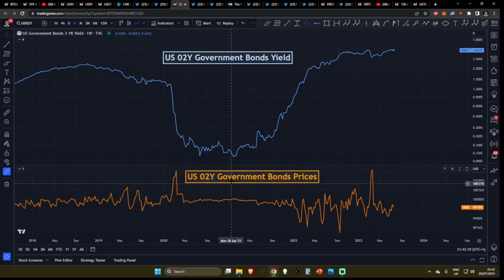As you can see, if we look at the US government bonds, look at the 2-year yields, the price of this has been dropping to the downside as lenders have pulled the plug, and because of this we've seen an increase in the yield. If you didn't know, the prices of government bonds are inverse to the yield, and that's basically because the lower the agreed purchase price for a bond, the greater the APR or yield.